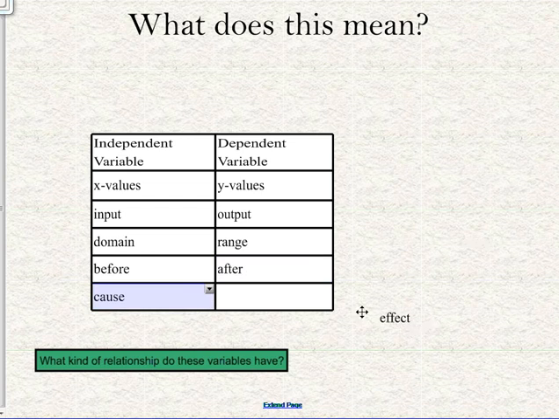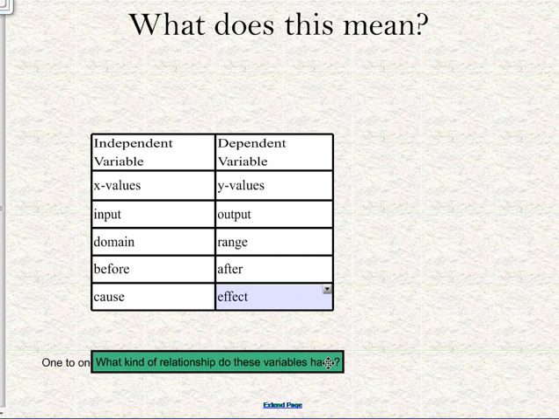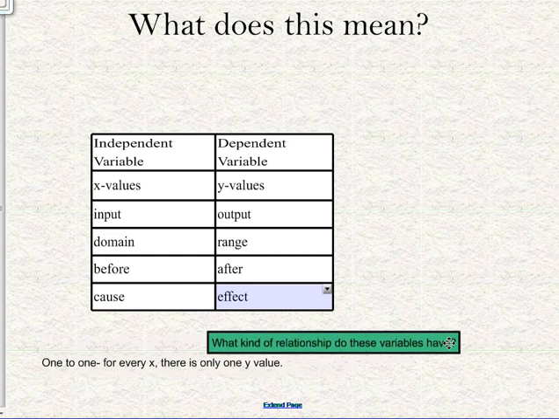Whatever cause happens, our effect happens. So what kind of relationships do these variables have to each other? Well, they're one-to-one. So for every x, there's only one y value. We learned a lot about that when we were mapping our functions. An x cannot have multiple y values. An x can only have one y value.